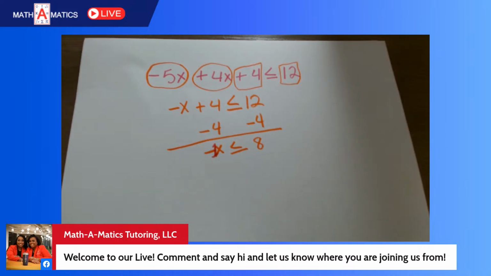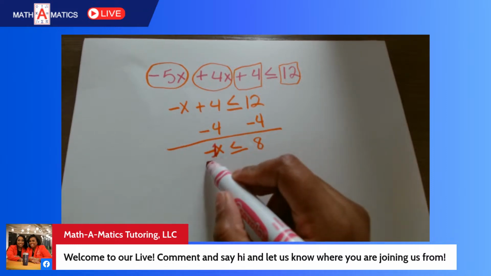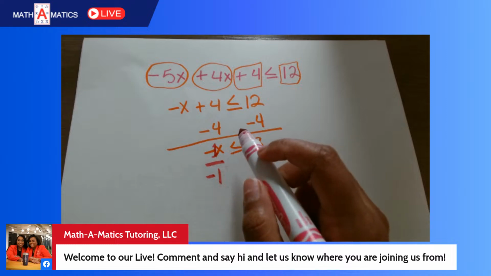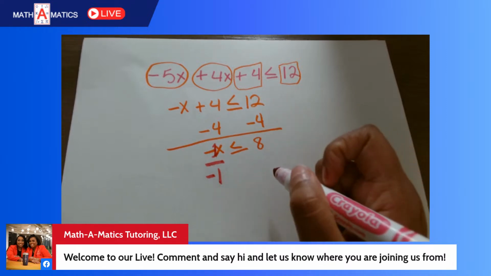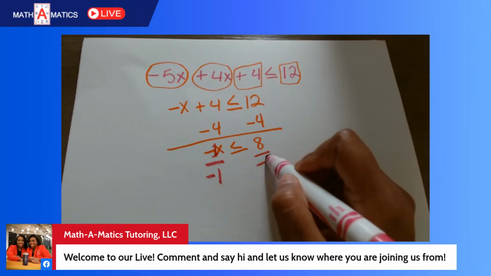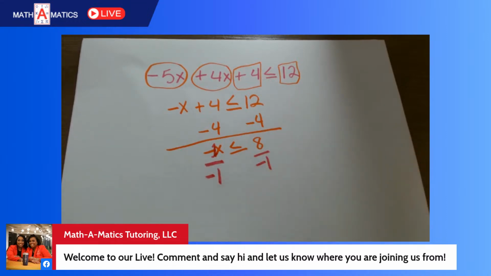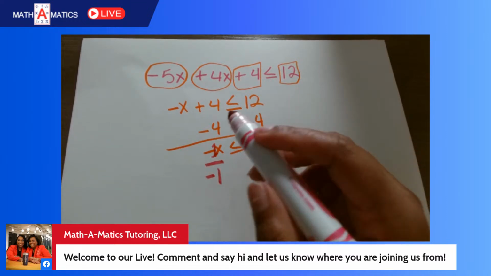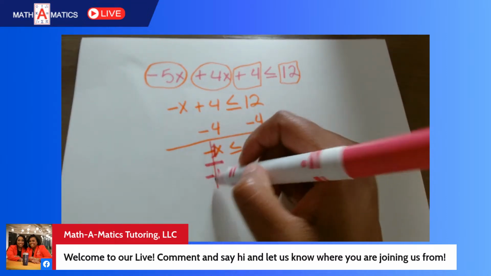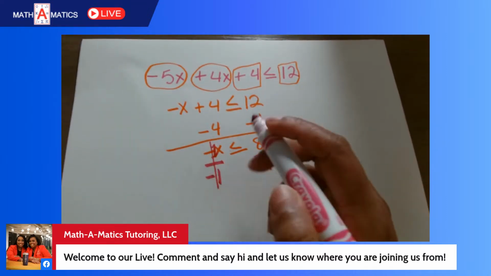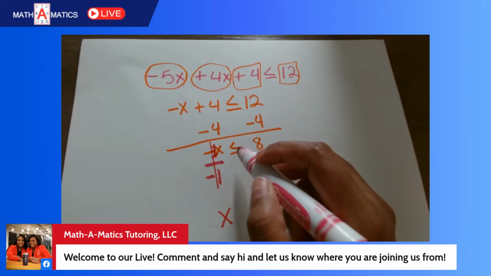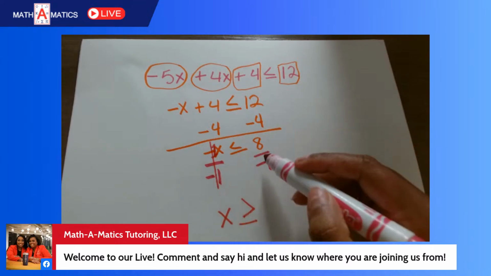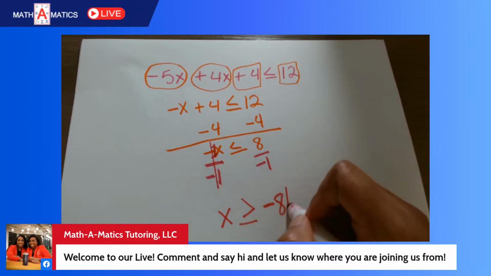And our rule that makes inequalities different than equations, because we want to make sure that it is true, is whenever we divide, and so technically we're going to divide by this negative 1 on both sides, or multiply by a negative number, we have to flip this sign. So since we are dividing by this negative 1, we're going to have x, we're going to flip to greater than or equal to, and that will give us a negative 8.